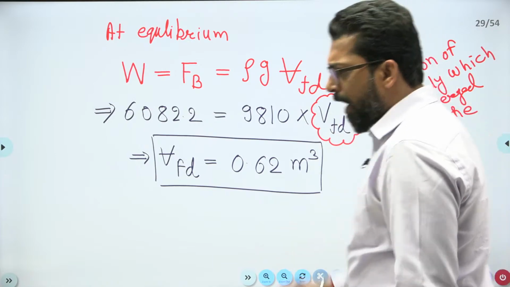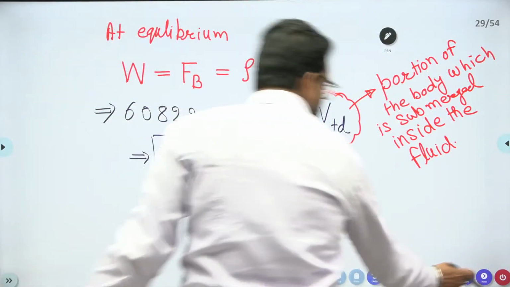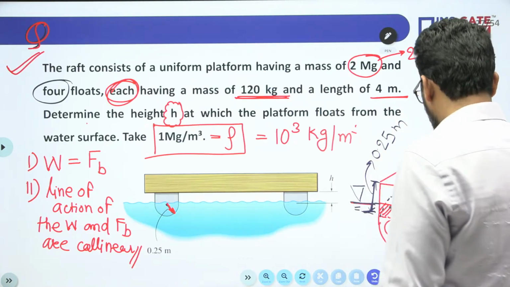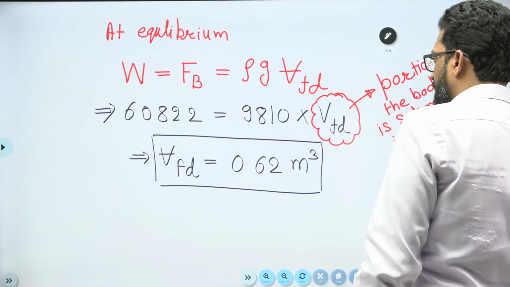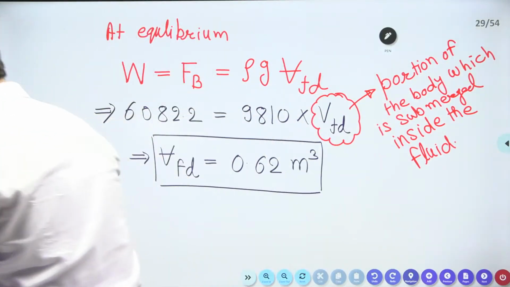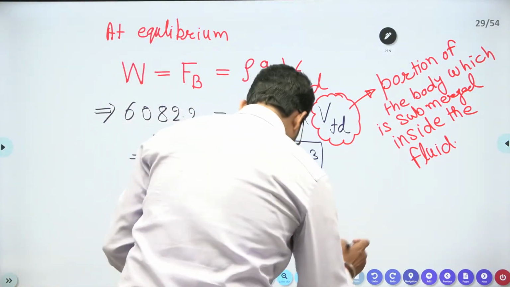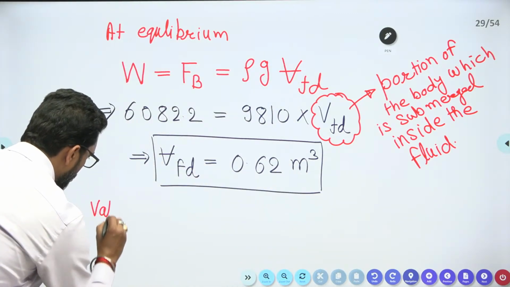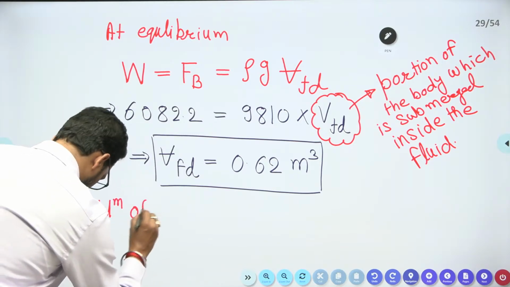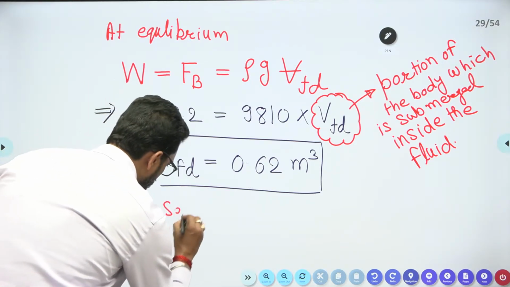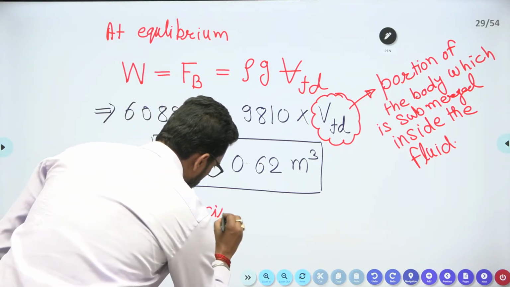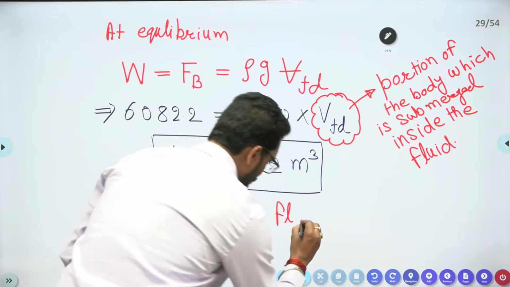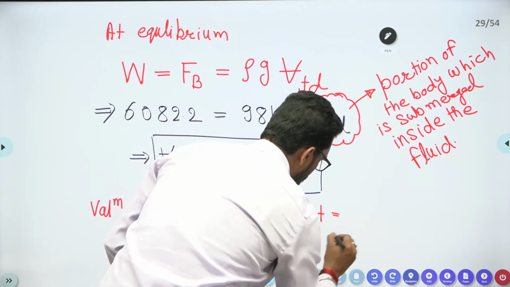Now we have to find the volume of this semicircle. What is the volume of this semicircle? That means this part inside the water, the volume of the semicircular float. The float is what, beta?